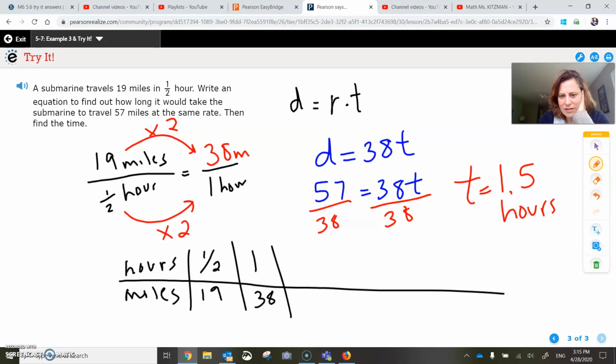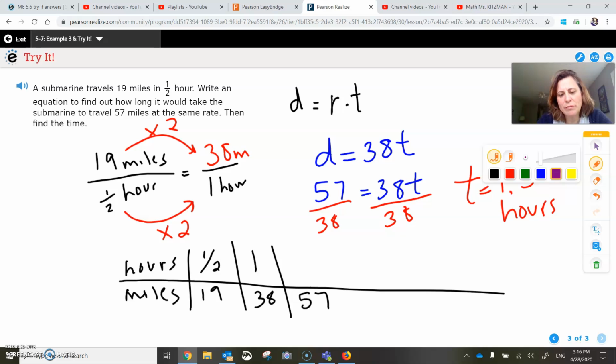And we're trying to figure out how many hours it will take to go 57 miles. That is weird. Okay. I don't like the way that I'm showing you how to do this. Can't remember what I've taught you guys about this in the past.